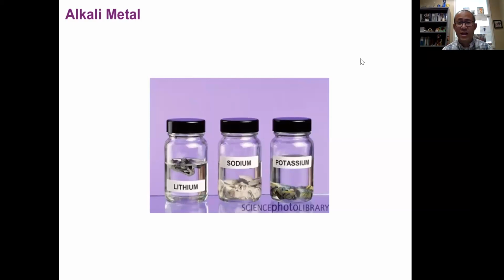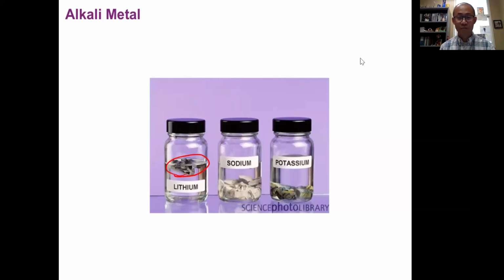They will easily react with the moisture and oxygen in the air. So in order to avoid contact with air, we have to store them in mineral oil. And you can see lithium even floats in mineral oil because lithium is very lightweight. The density of lithium is very small.